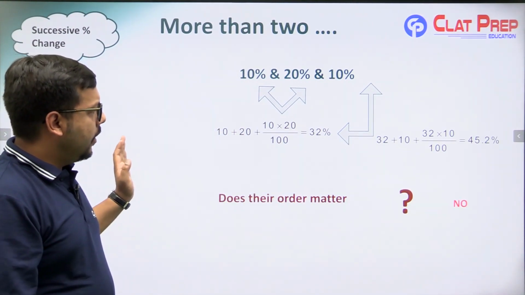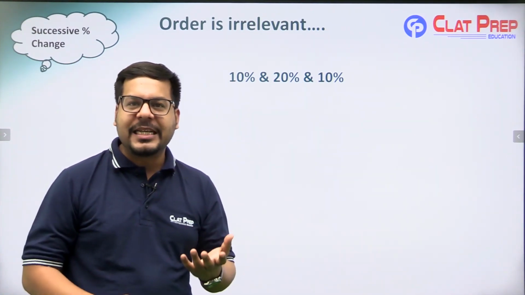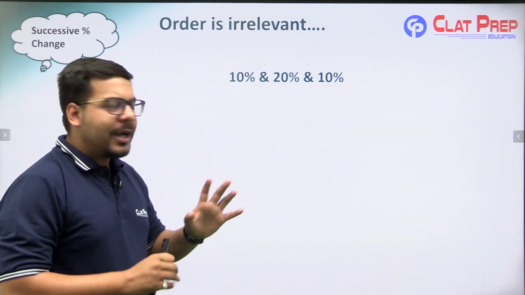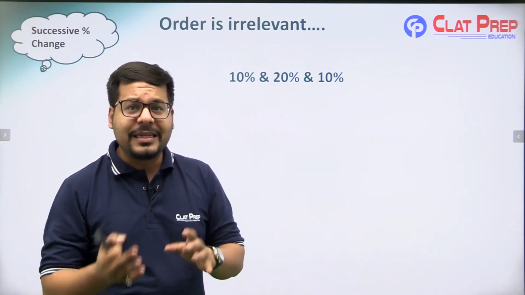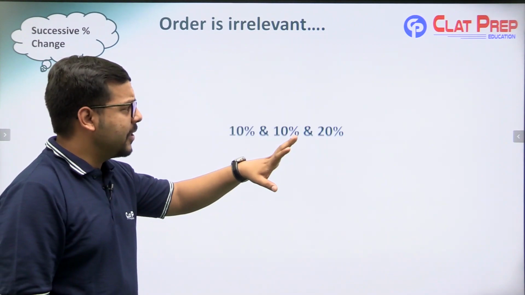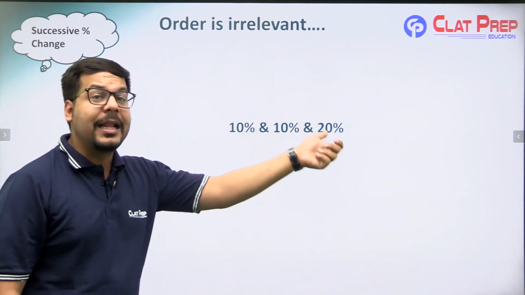Let's take the same example. Say suppose we have to increase a certain number successively by 10%, 20% and 10%. Now what I will do here is shuffle these and see whether the overall result is different or the same. So I just shuffled these percentage changes, like 10%, 10% and then 20%.